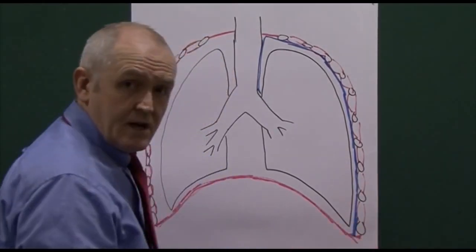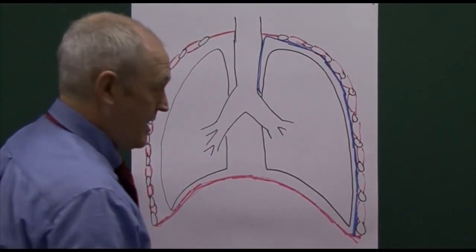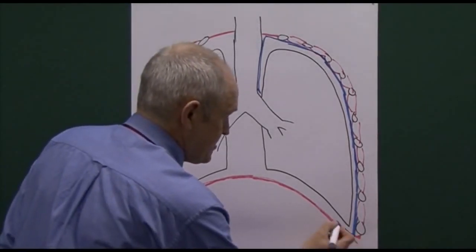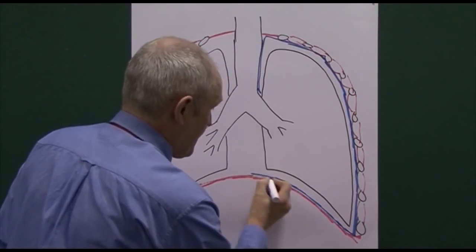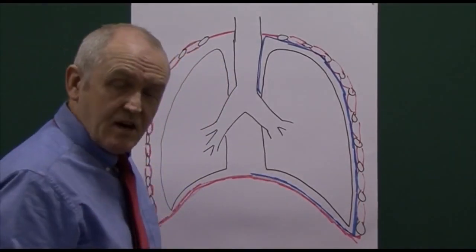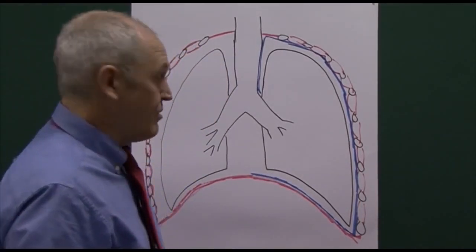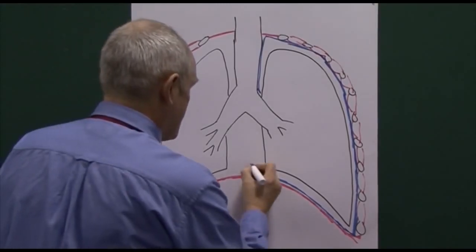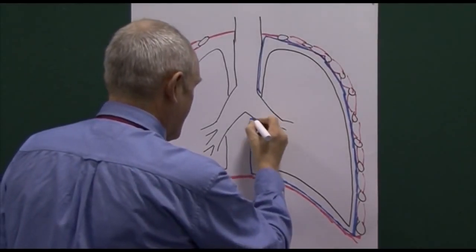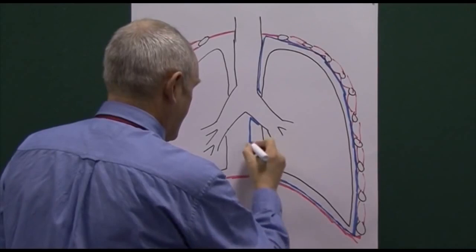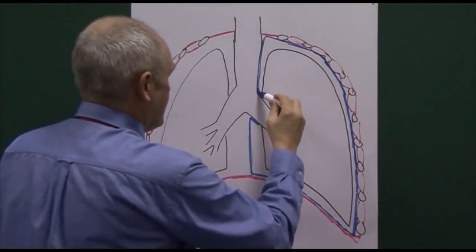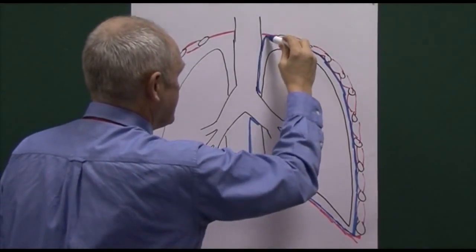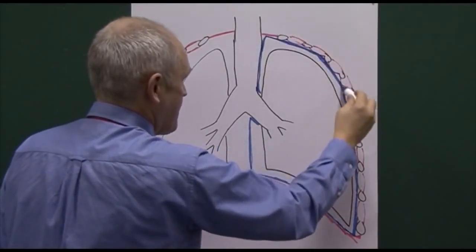And also lining the superior surface of the diaphragm. And each lung is in its own pleural membrane. So that is one pleural membrane, one parietal pleura.